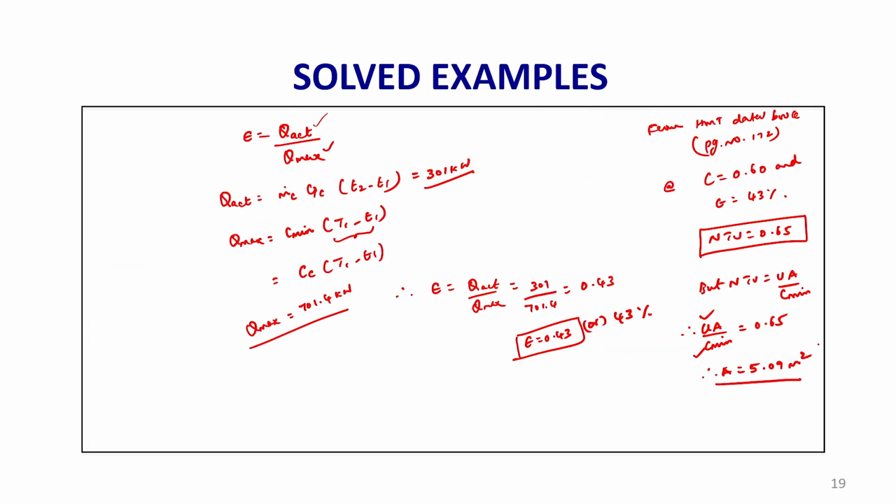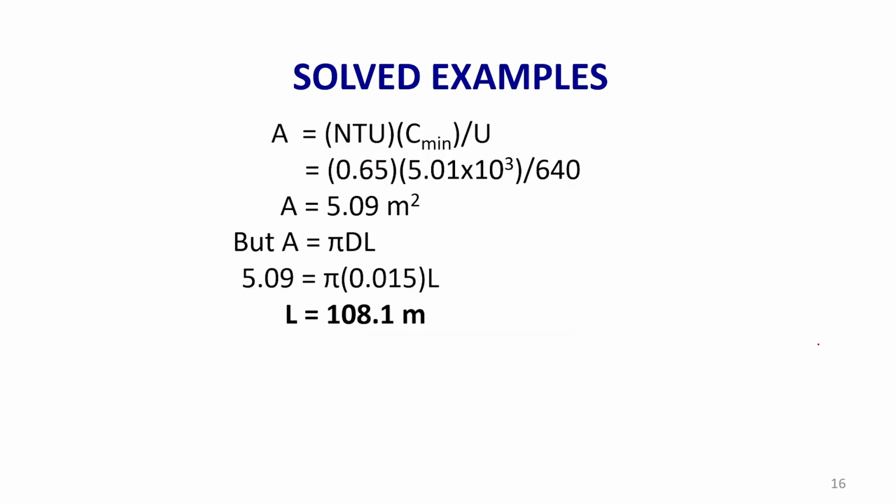Let me emphasize one thing. NTU is from the chart, C minimum we know, U is given in watts. If C minimum is in kilowatts, U should be substituted in kilowatts. If C minimum is in watts, then U also should be in watts, otherwise there will be a wrong answer.